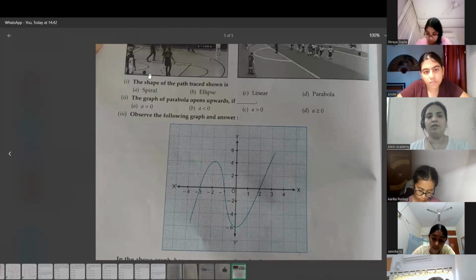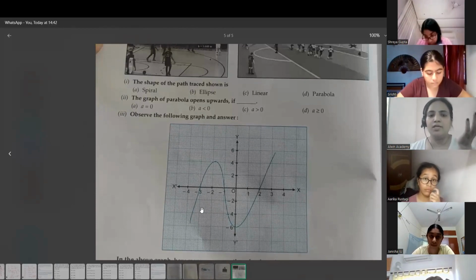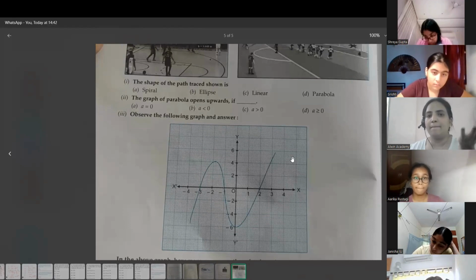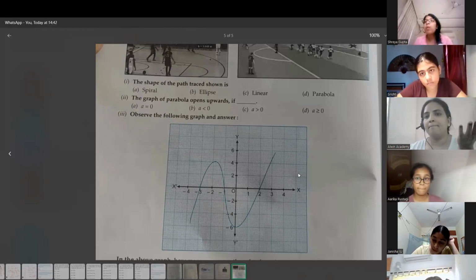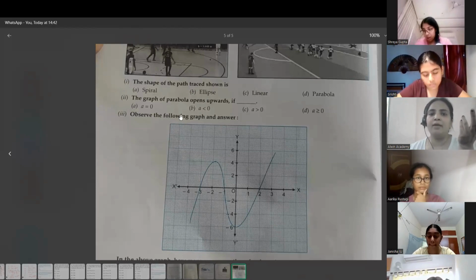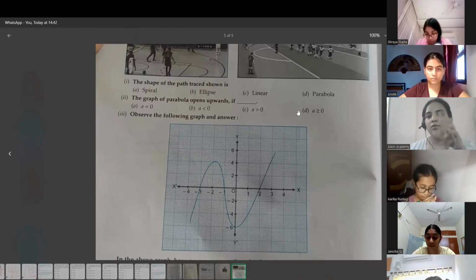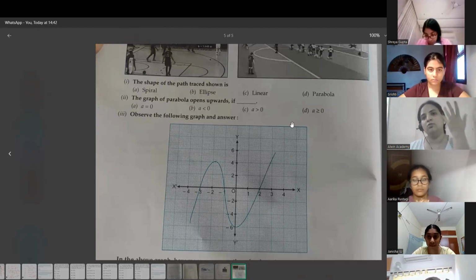Without even reading the question, we can do it from the introduction. What is the shape of the path traced? Parabola again. Next, the graph of a parabola opens upwards if a is greater than 0. Up means positive, no? Going up in life is positive, no? Okay.